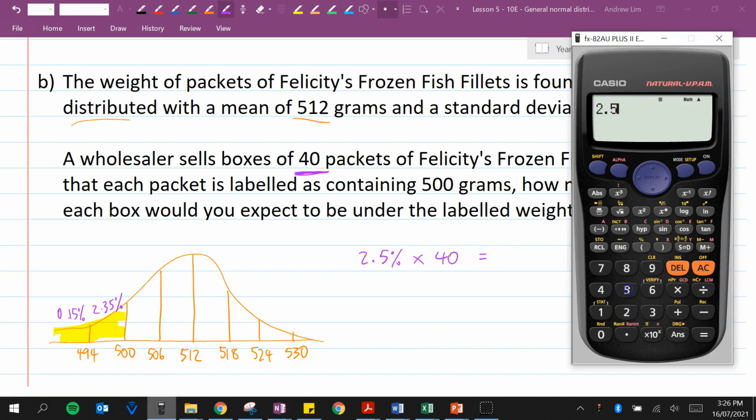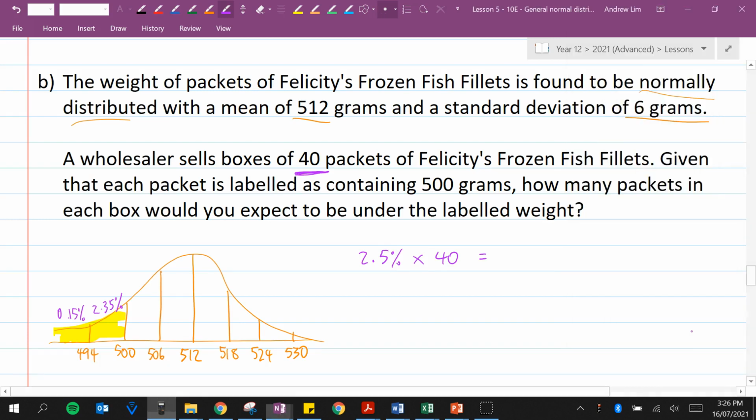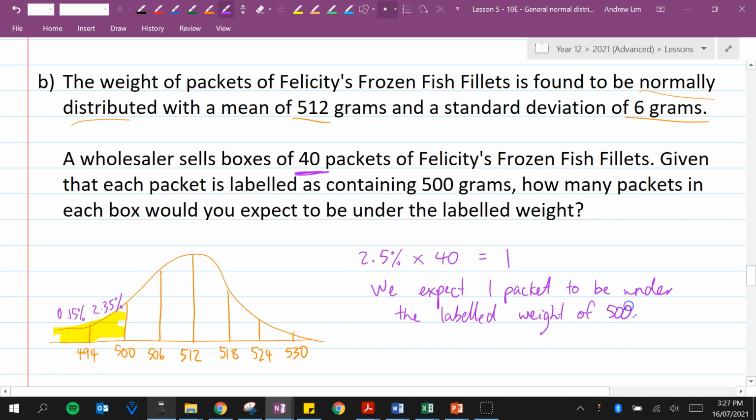So we have 2.5% of 40, that's 1. So we expect 1 packet to be under the labeled weight of 500. So that means 39 of the packets should be at least 500 grams.